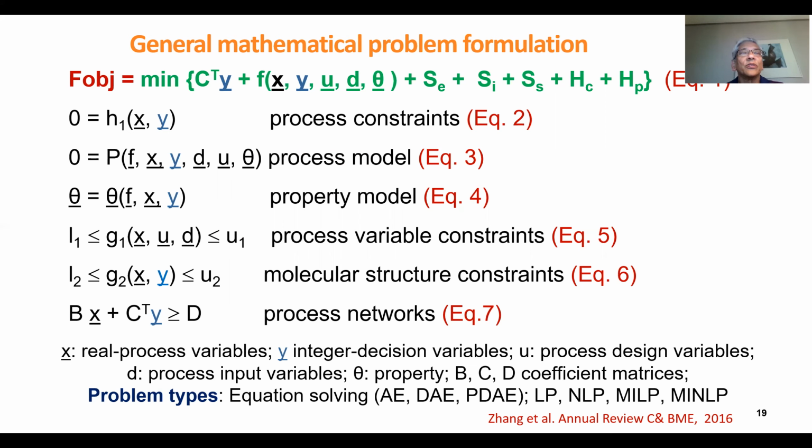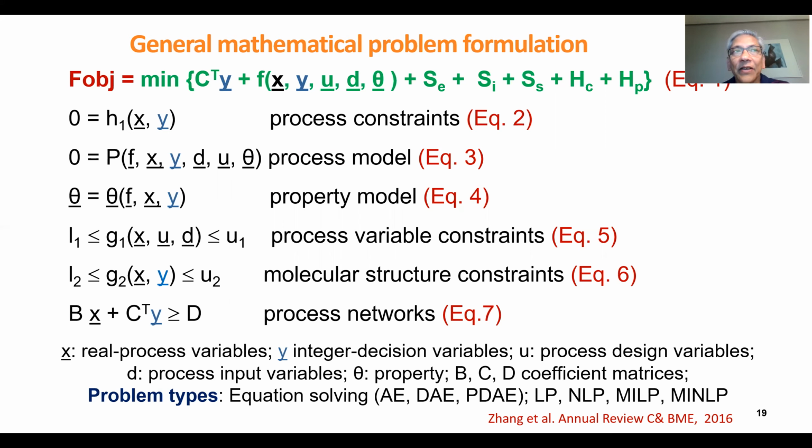Then equation 2 is process constraint. For example, what should be the conversion, what should be the product purity, and so on. Then equation 3 is the whole system of process model. And within the process model, equation 4 is the embedded property model.